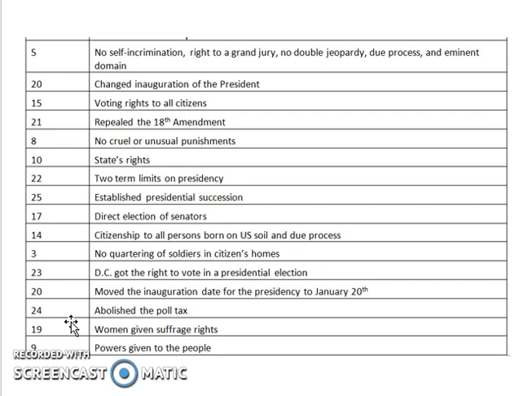So if you were someone who didn't have spare cash to vote, they had pretty much eliminated you with this poll tax. So this amendment says you cannot charge people to vote. The 19th Amendment gives women suffrage or voting rights, and the 9th Amendment gives power to the people. So that's the People's Rights Amendment.